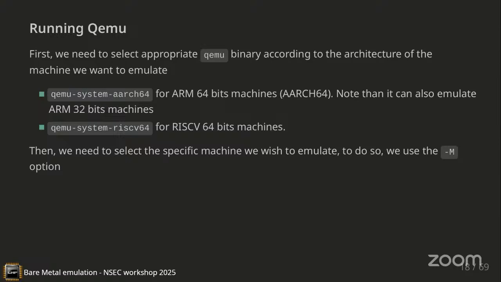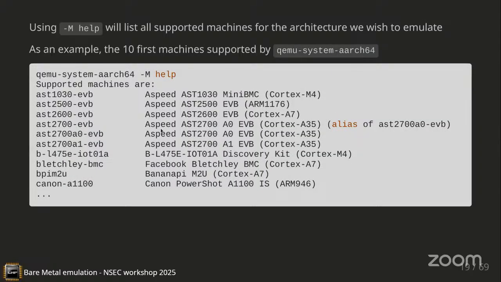So we'll do ARM 32-bit emulation, but with the QEMU system AArch64 binary. It supports both versions of ARM. And we'll also use the QEMU system RISC-V64 for the RISC-V machine. If you want to know which boards, which machines a QEMU system binary supports, you can use the capital M help option, and it will list all the supported machines.